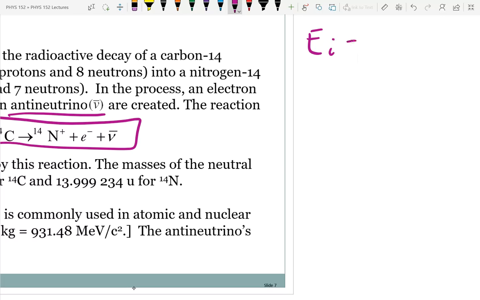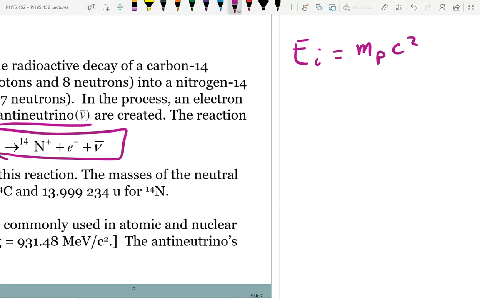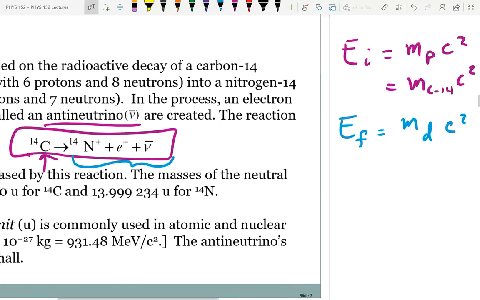Energy initial is equal to the mass of the parents times c squared. What are the parents? It's just carbon-14. So that's the energy we started with. The energy we end with is mass of the daughters times c squared. So the daughters, that's these 3 things.